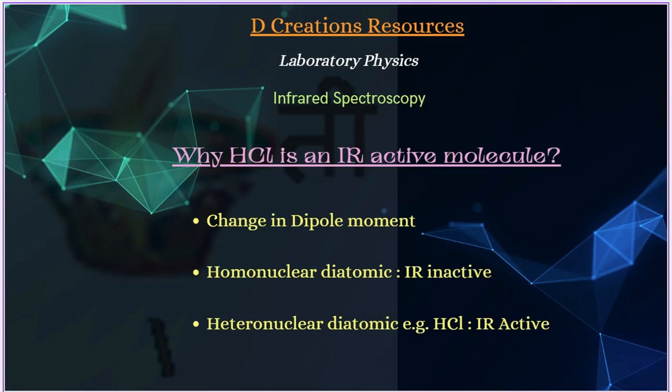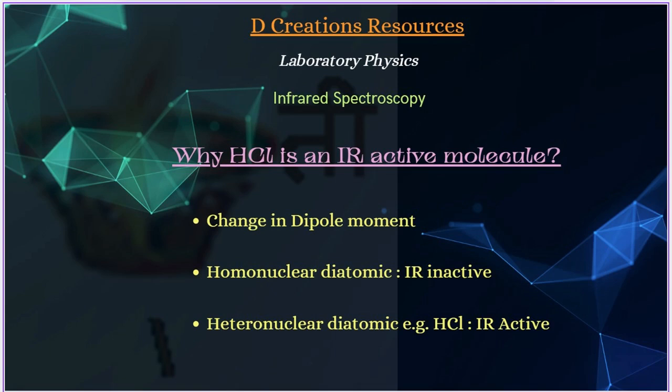So in a diatomic molecule, the two atoms are vibrating back and forth about the mean position in opposite directions, and of course simultaneously at the same time. The frequency of these vibrations is called a stretching frequency, and if you can recall what a simple harmonic oscillator is, here they are behaving like a simple harmonic oscillator.